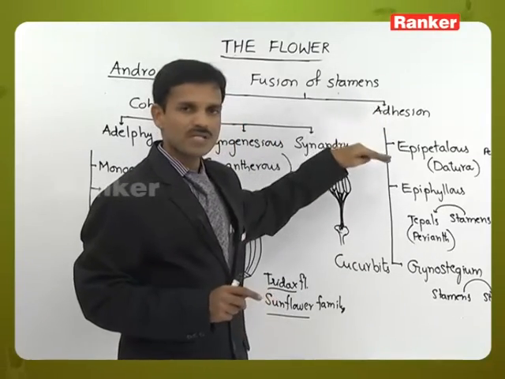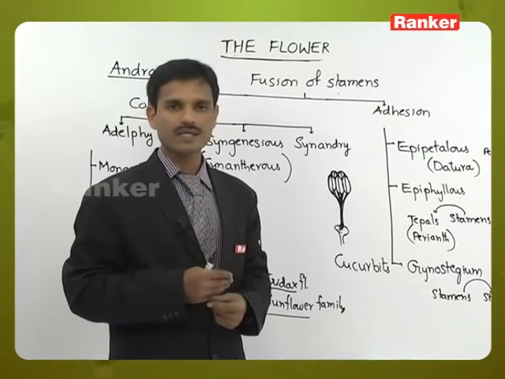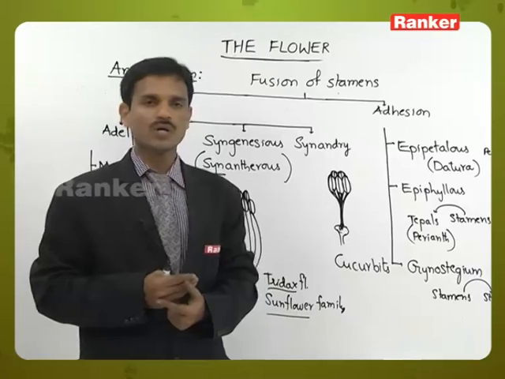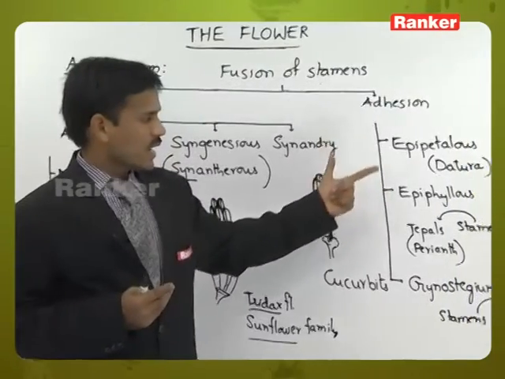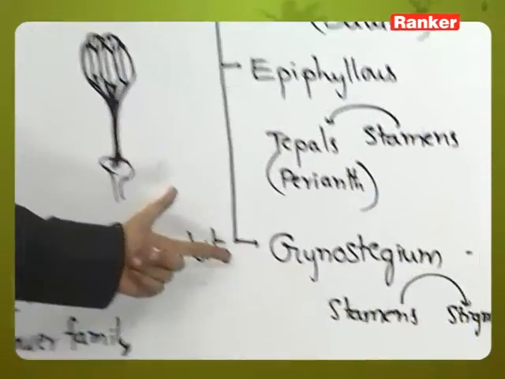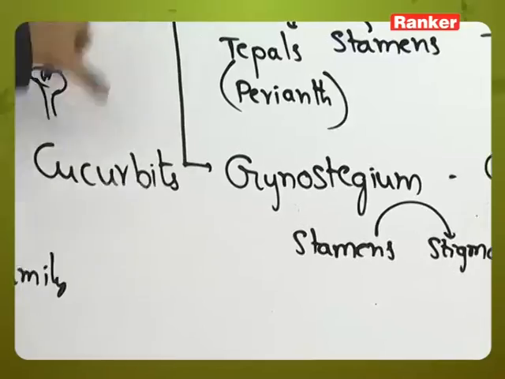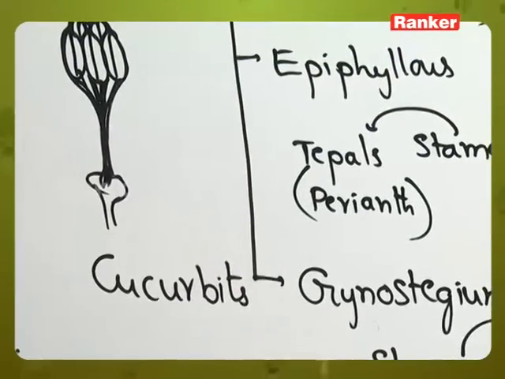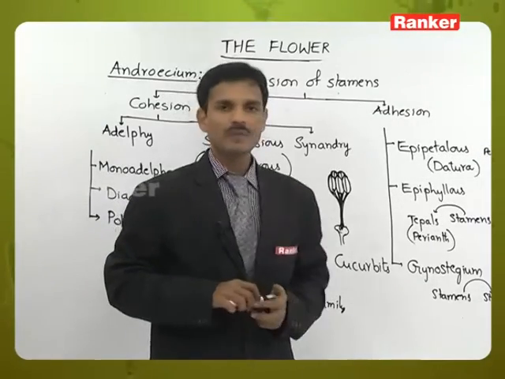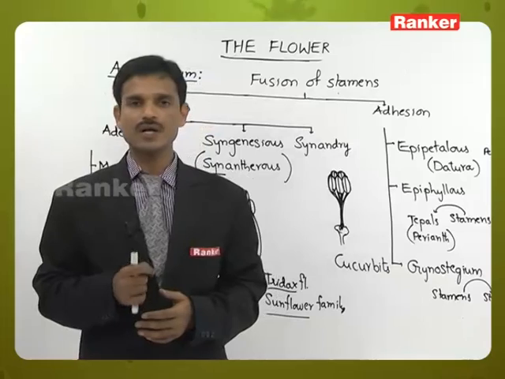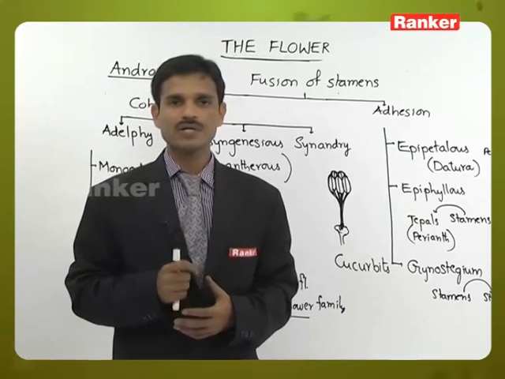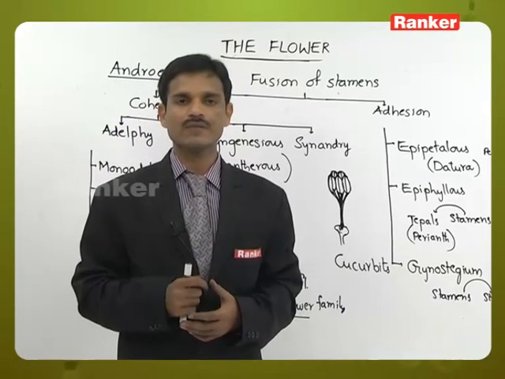Adhesion means the stamens are fused with other floral parts like calyx, petals, tepals and gynoecium. So three types of adhesion are there. In different plants, different types of cohesion and adhesion are observed. So that is about fusion or union of stamens.